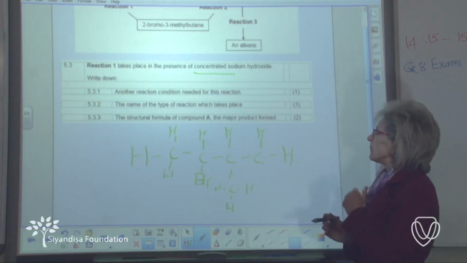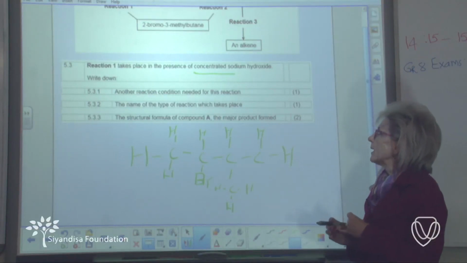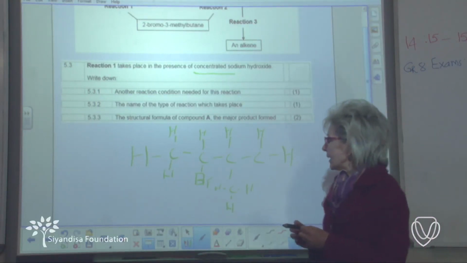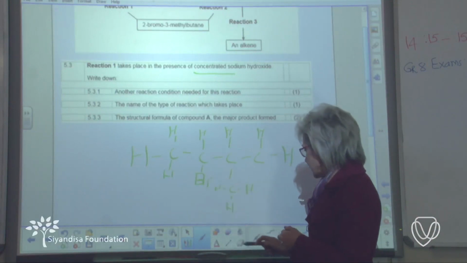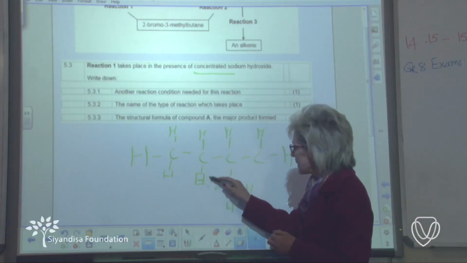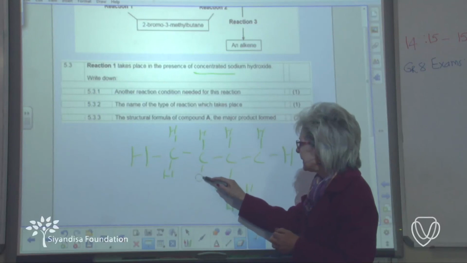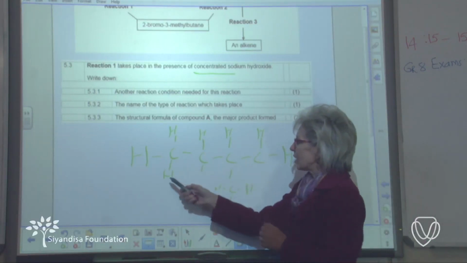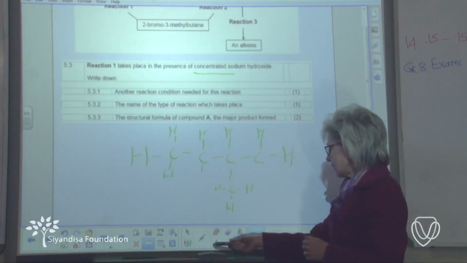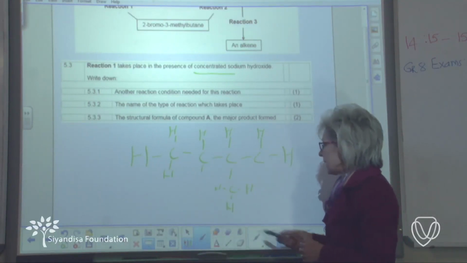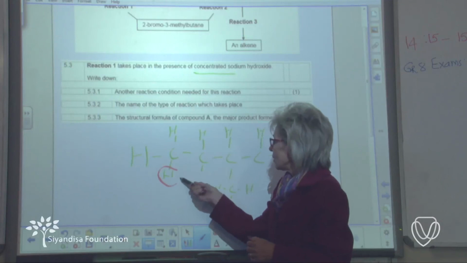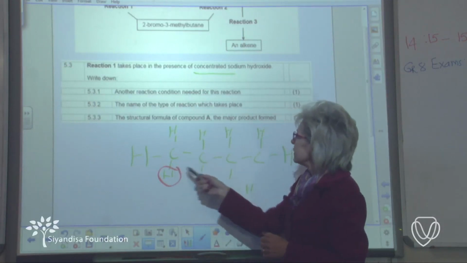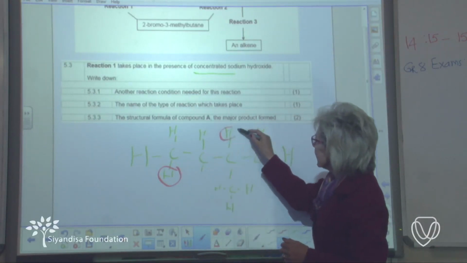So when I am eliminating, I am taking away a hydrogen and the bromine. So this Br is definitely one that's going to go. So away Br goes. Now I need an H. And now remember, there are 2 adjacent carbons. The question is now, do I remove this H, which is adjacent to the Br, or do I remove that H?